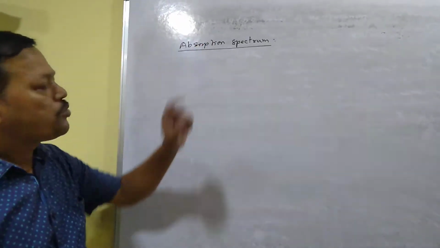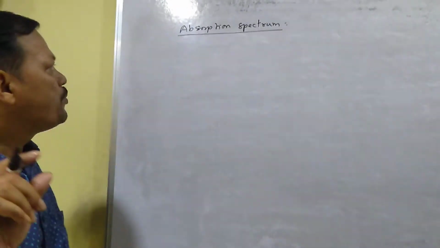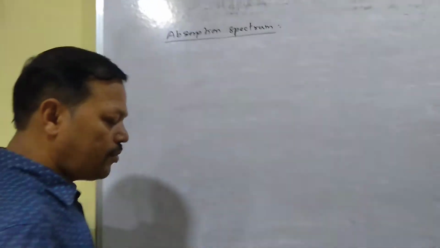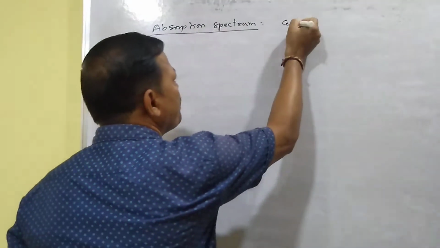Okay, now absorption spectrum. So what is absorption spectrum? Here also white light is used.